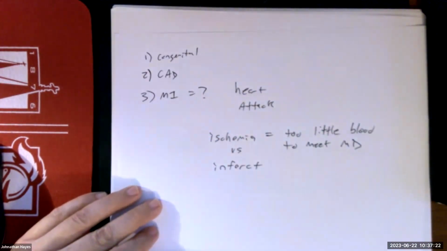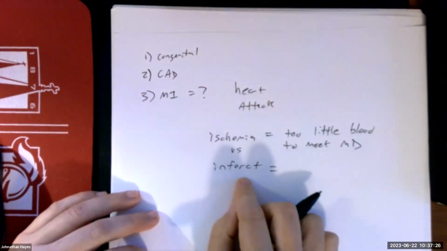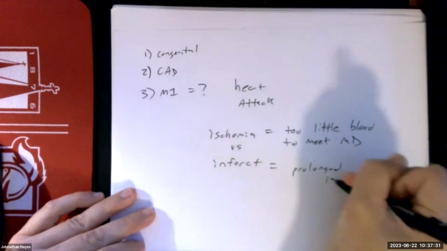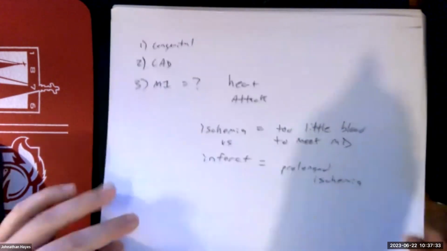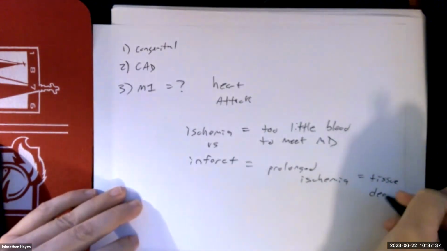And infarct is too little blood to meet metabolic demand that is prolonged. And that causes tissue death.